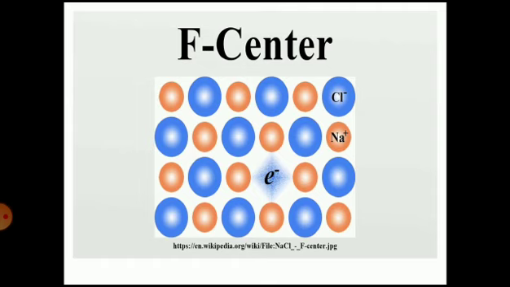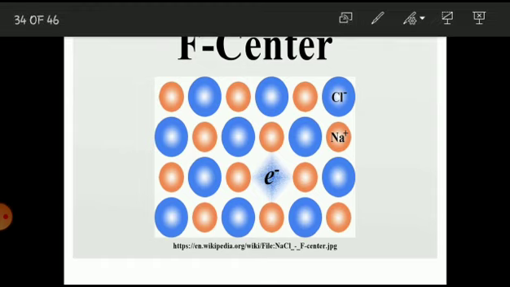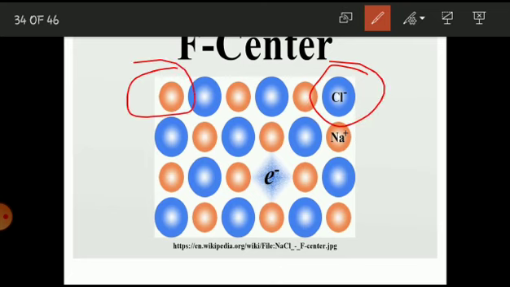So this is a sodium chloride crystal where the blue spheres are chloride ions and the saffron spheres are sodium plus ions. When the anion, that is the chloride ion, is missing from the crystal, it creates an anionic vacancy, also called a hole.